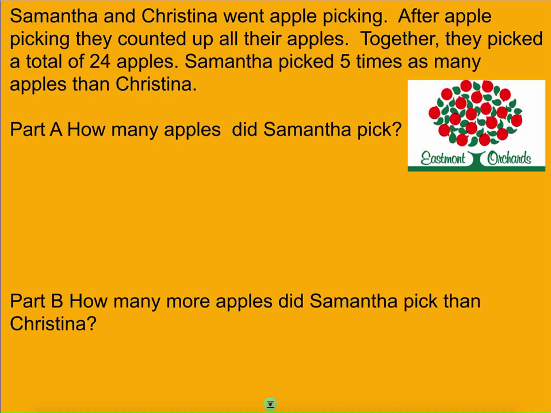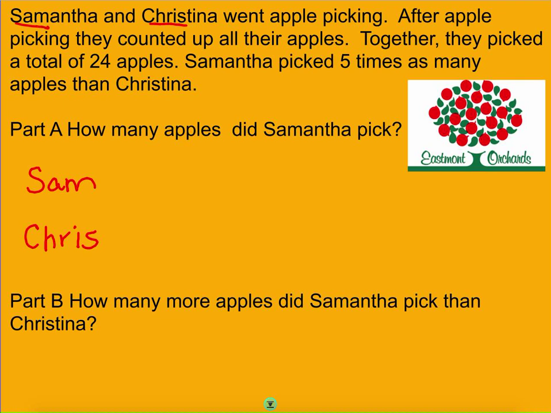So we're comparing the amount of apples Samantha and Christina picked. In order to do this, we're going to have to write their names. I'm just going to shorten Sam and Chris for now.